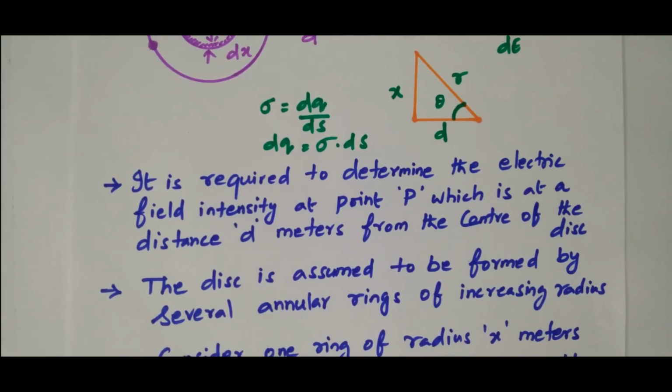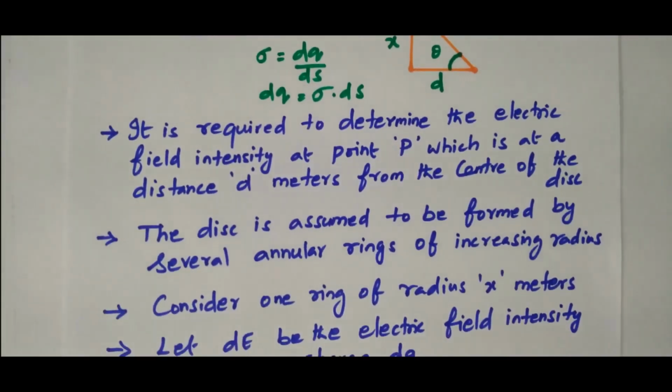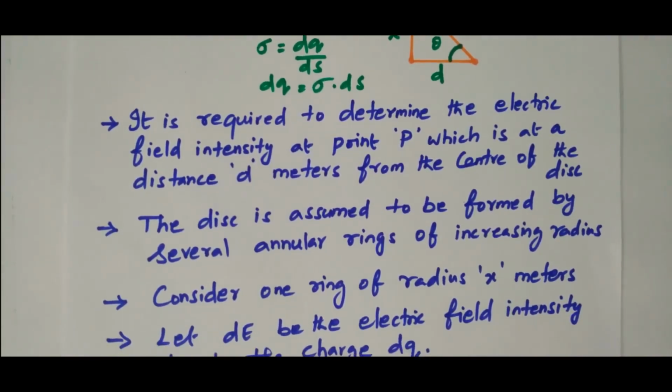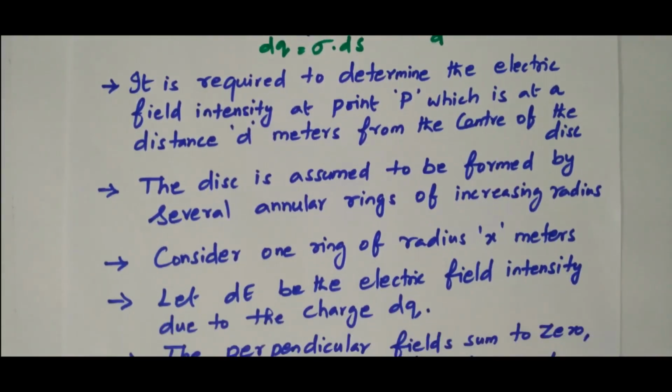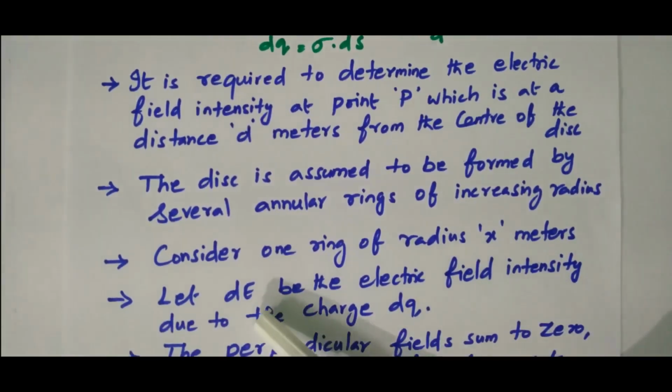They keep on increasing. In that, we consider one ring of radius x meter with a thickness of dx, right? So due to this small ring, the electric field intensity will be dE due to this small charge dq. The charge is small, so the electric field is also small, dE. By integrating, we will get the total electric field intensity.